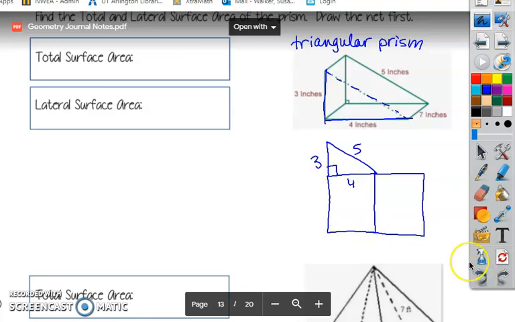This distance represents the length connecting the triangles, which is 7.